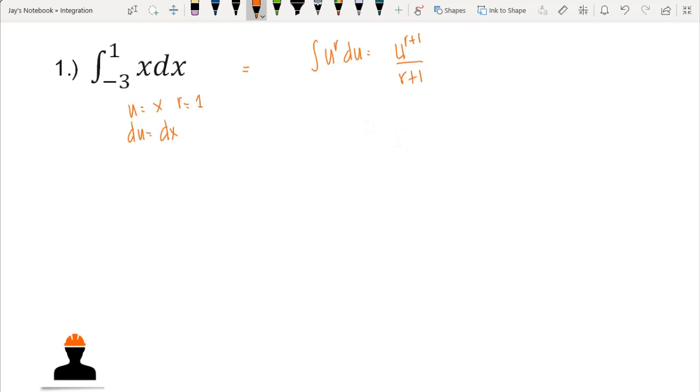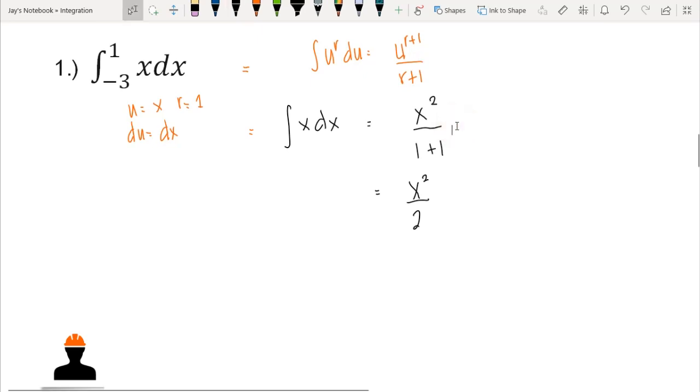Now let's substitute these values to this form. The integration of x dx is equal to x squared, since we have r plus 1, that is 1 plus 1, over 1 plus 1, and then we have the answer x squared over 2. Now, we do not have to put an arbitrary constant c, since we have a limit from -3 to 1.